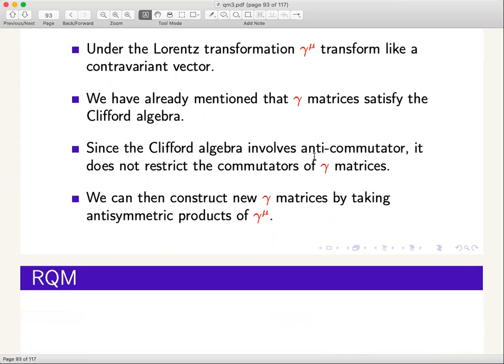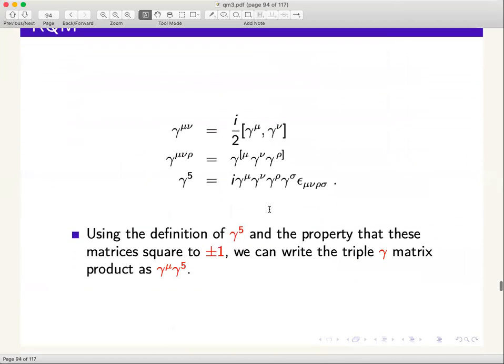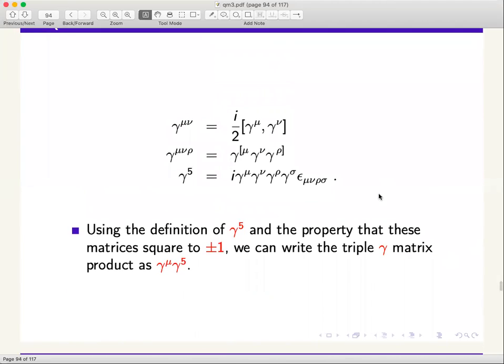If you look at the anti-commutator, then the Clifford algebra reduces the anti-commutators of gamma matrices to the metric, but the commutator would survive. That is why we said that we could write down these products, the commutator of gamma mu with gamma nu, with an appropriate normalization factor, and conventions are different in different cases.